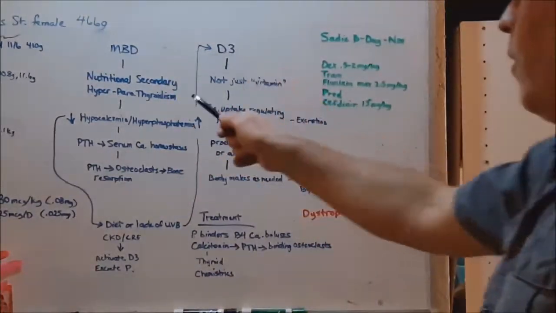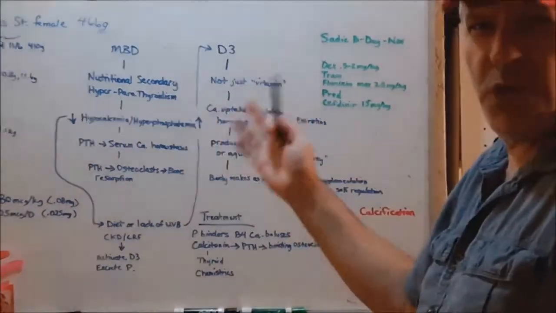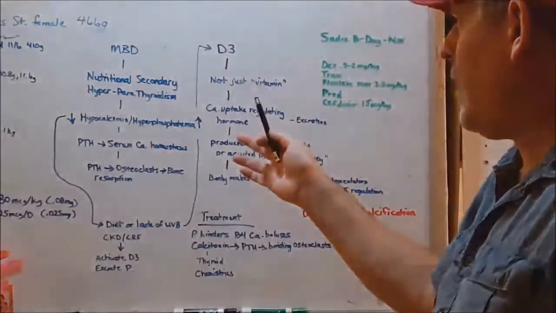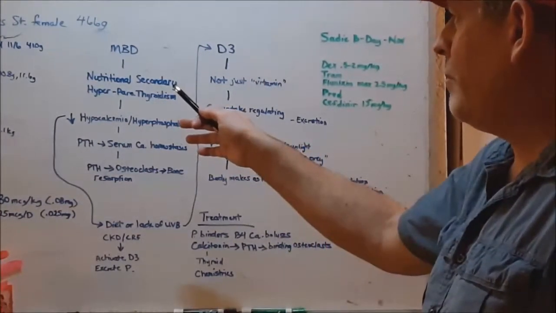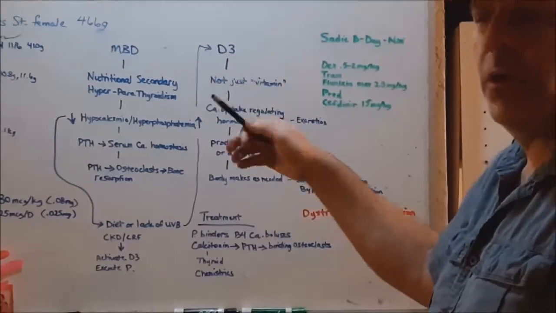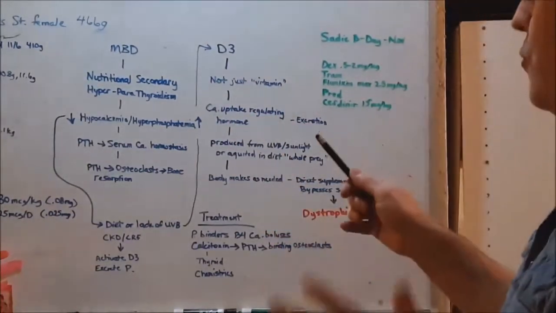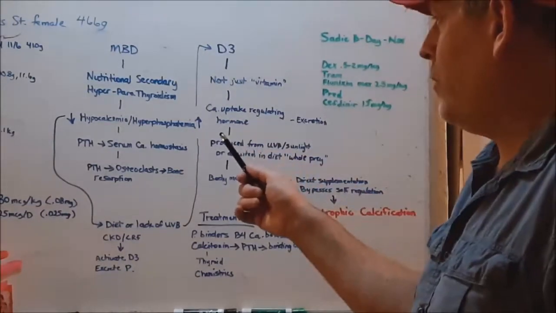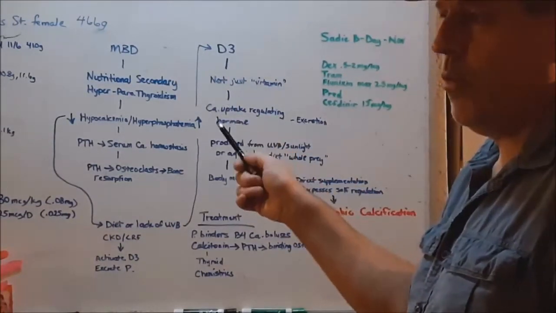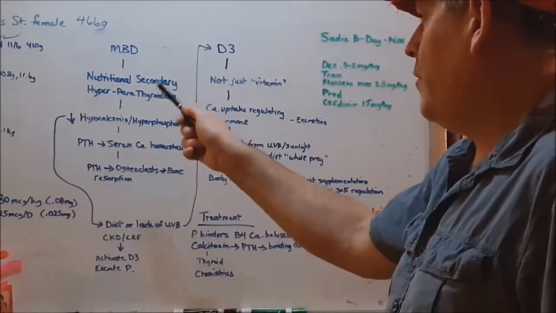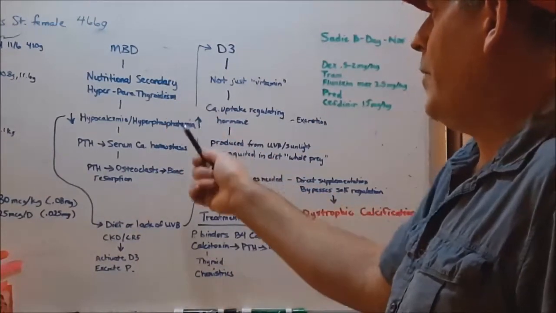There are actually three kinds of parathyroidism. You can have primary or secondary or tertiary. I won't get into all that right now. Usually when you're dealing with metabolic bone disease in reptiles, you're dealing with nutritional secondary hyperparathyroidism.